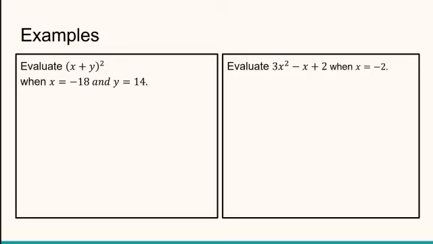I'm going to evaluate x plus y quantity squared. If x is negative 18 and y is 14, the first thing that I will do is plop in those numbers for x and y. Then I see that inside parentheses, I need to do that addition first. Negative 18 plus 14.